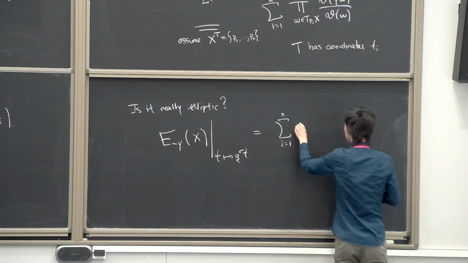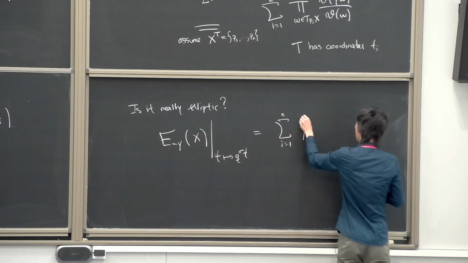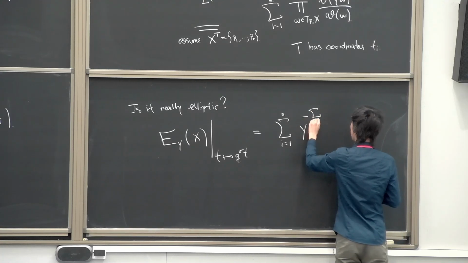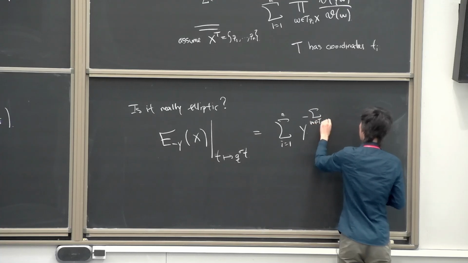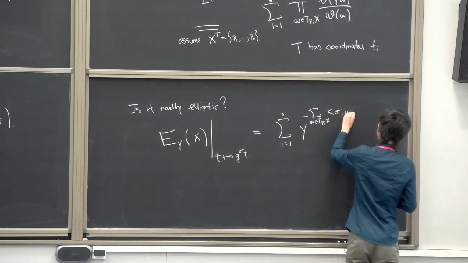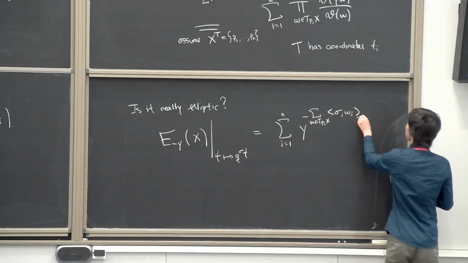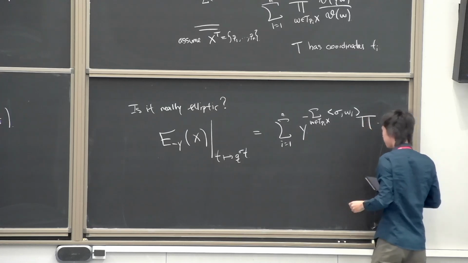This prefactor looks like some monomial in y with some exponent, which will depend on the weights of the tangent space. And the same product here.